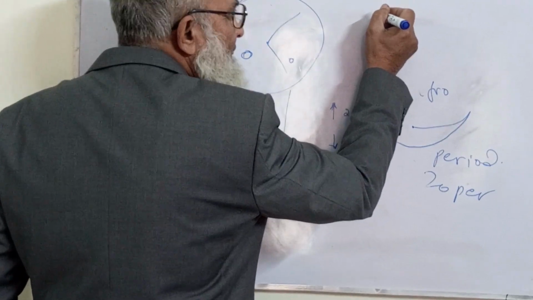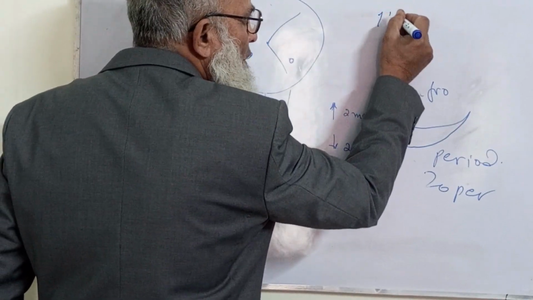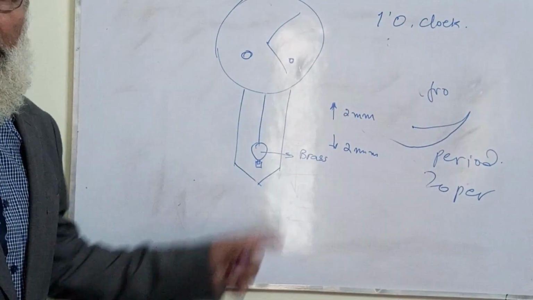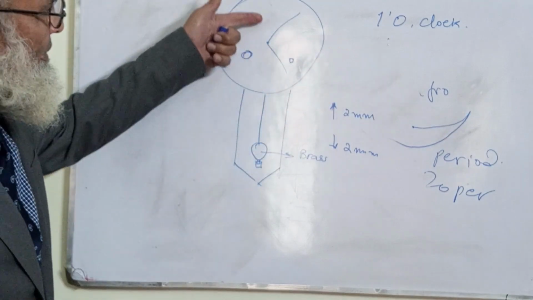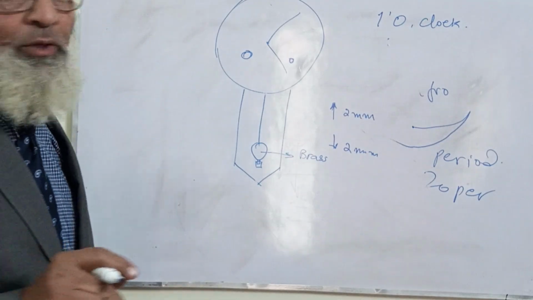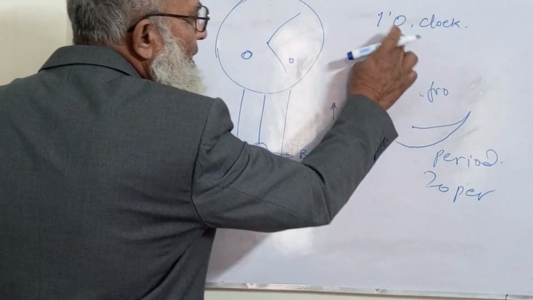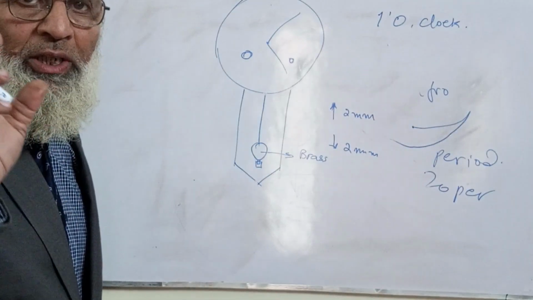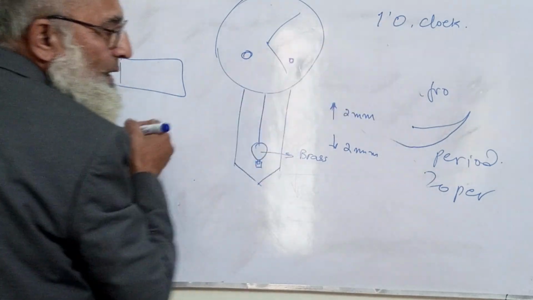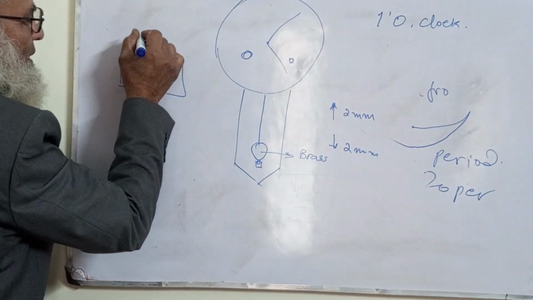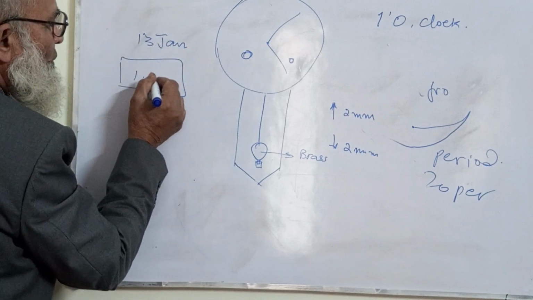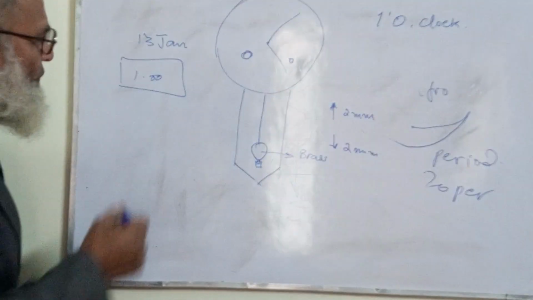Today I just set this clock at 1 o'clock, and the next day I checked it on the digital clock. Today is 13 January maybe, or 14 January. This is 1 o'clock over here and 1 o'clock over here on 14.